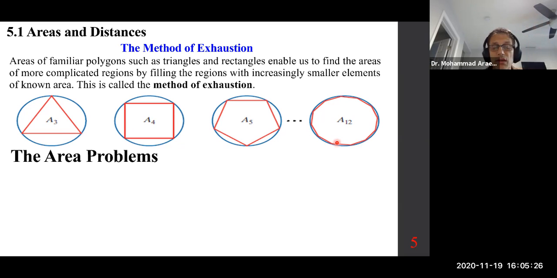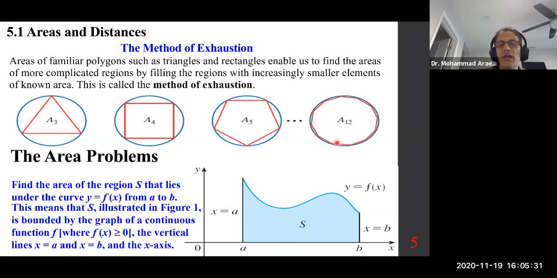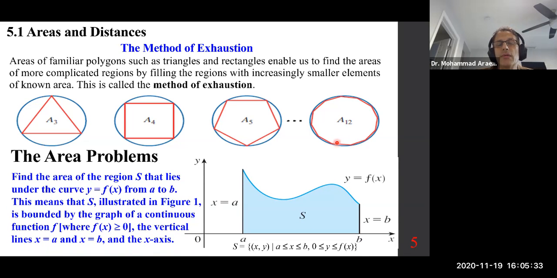And we use the same thing for the area under the curve. If we have a geometric shape, we can use a geometric formula. If we don't, then how do we calculate the area under the curve? We use this method of exhaustion. So let me just quickly show you as an example.